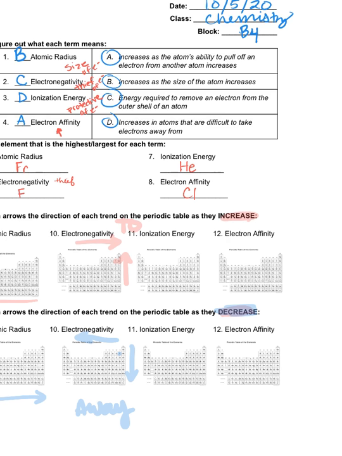We're going to do the same thing over here for ionization energy. The hardest person to steal from is helium, and he's at the top and the right. And conversely, for electron affinity, it would be chlorine, so top, right. And decreasing ionization energy would be the opposite, so it would be down, left.